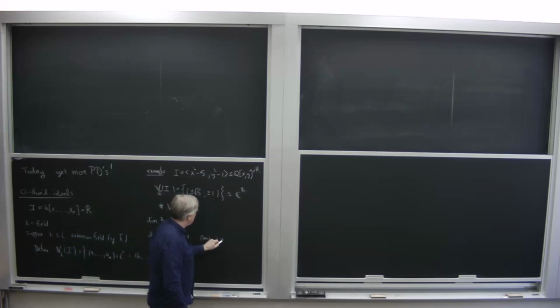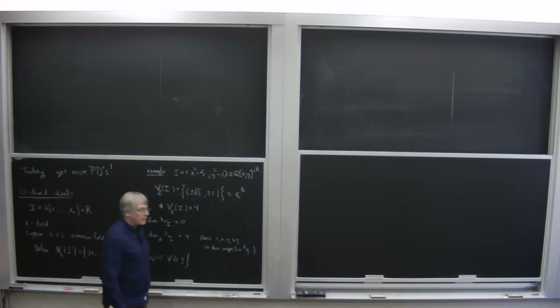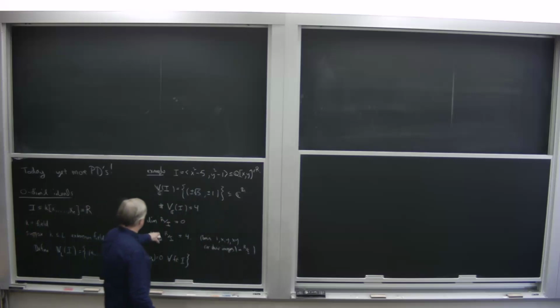So that would be 1, x, y, and x times y, or their images in R mod I. I write it that way, but you really think of them as elements inside of here. You can always write down a basis in some way like this. So anyway, this is the example, and this 4 is the number of points.